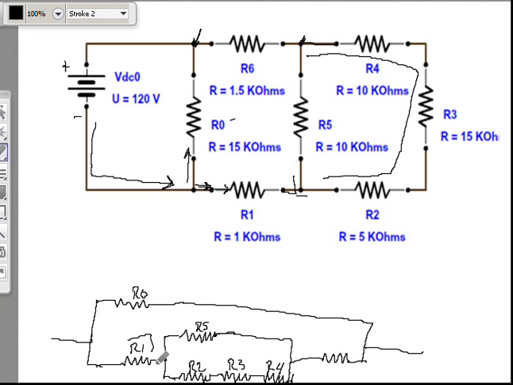Okay, R1 is in series with this network of R2, R3, R4, and R5, which is also in series with R6. So between this point and this point, I've got my total overall voltage. Between this point and this point, I've got the overall voltage minus the voltage drop across R1 and the voltage drop across R6.